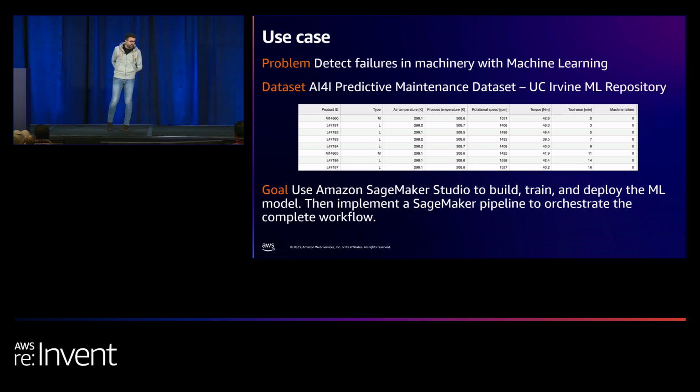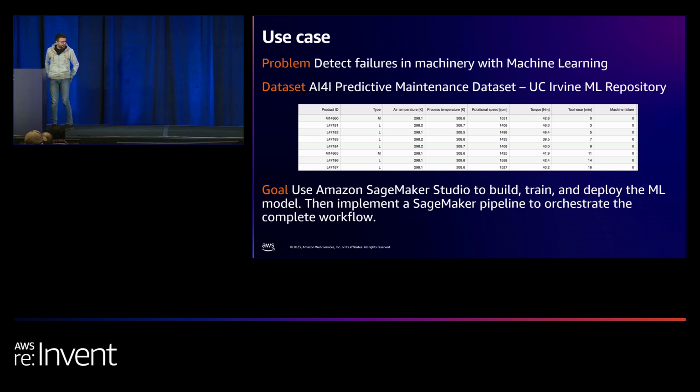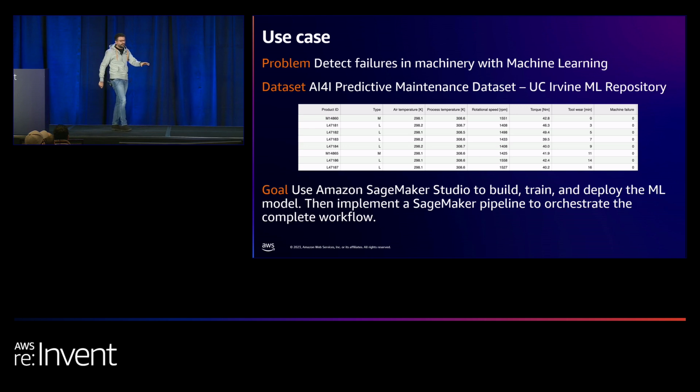We are going to choose the AI4I predictive maintenance dataset from the University of California, Irvine machine learning repository, which is made of a few features that you can see here on the slide, like the type of machinery, the temperature, the rotational speed, the process temperature. And well, the variable that we want to predict is the machine failure variable, which is a binary variable.